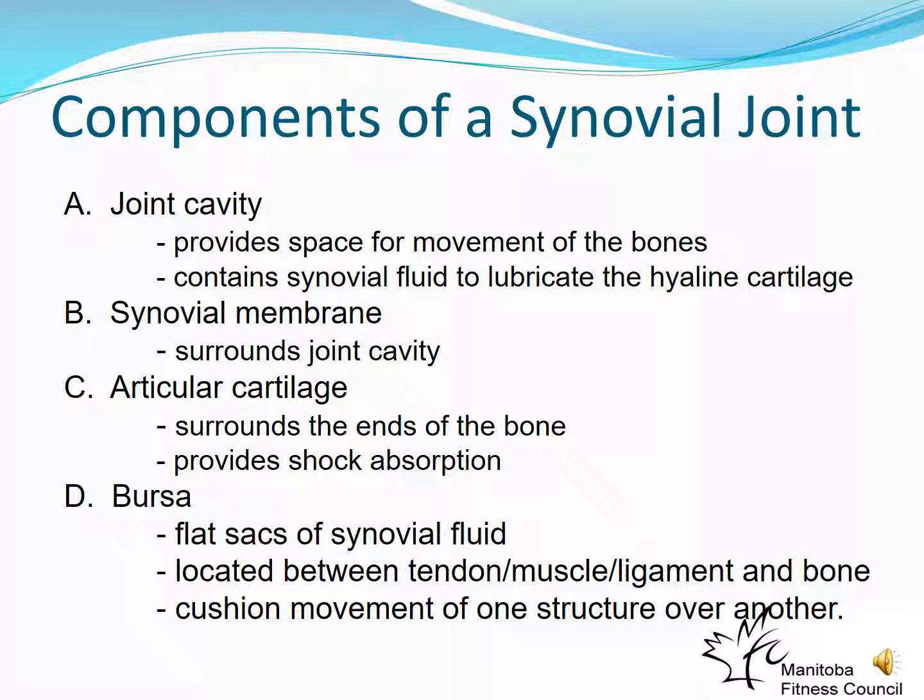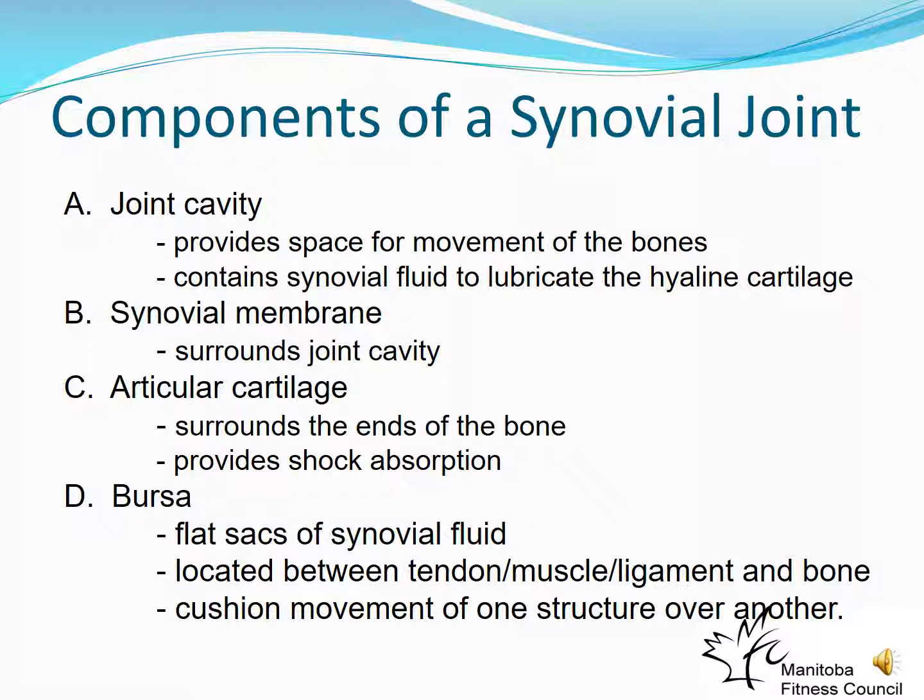When you move a joint, you will stimulate your synovial membrane to secrete synovial fluid within the joint. The synovial fluid will coat the ends of the articular cartilage, or hyaline cartilage, to make them very, very smooth to allow frictionless movement. Articular cartilage, same thing as hyaline cartilage, is going to surround the ends of the bones and provide shock absorption.